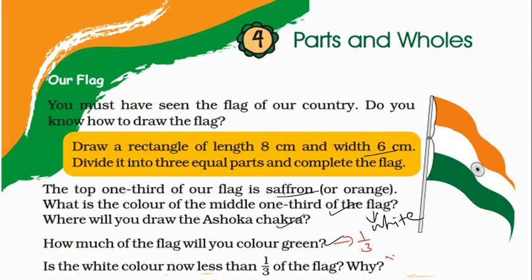Yes, because there is the Ashoka Chakra, which is blue in color. That's why we say that the white color is less than 1 by third of the flag. Where will you draw the Ashoka Chakra? In the center of the flag.